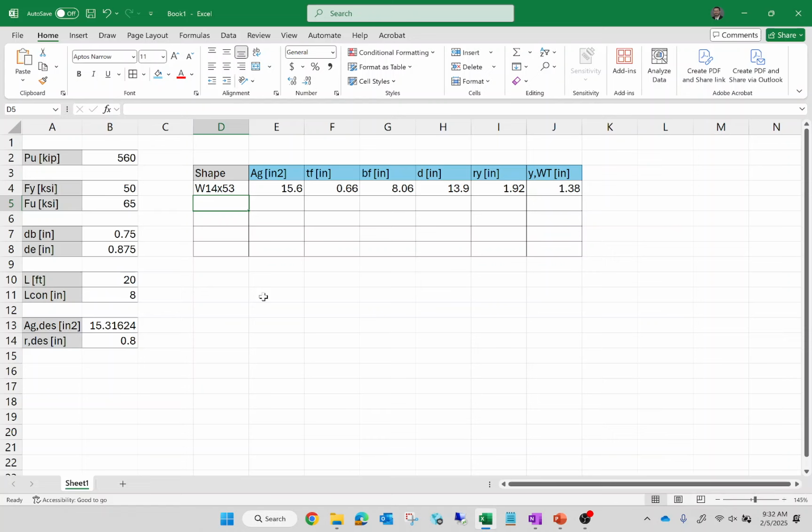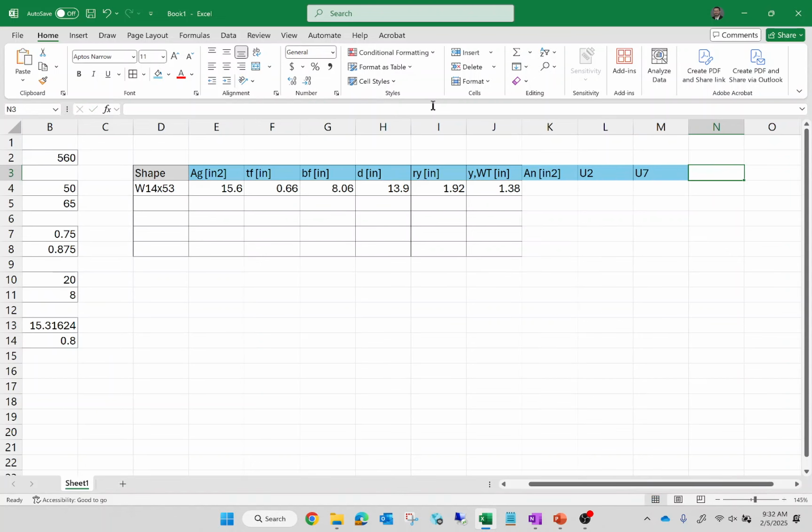Now, what calculations are we going to need to do? We're going to need to do AN. We're going to need to do what? U2, U7, and then U. I'm just going down right here. We're going to need to do VPN.